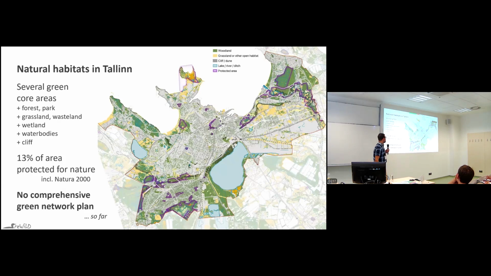Well, in Tallinn we have several green areas, woodlands, grasslands, and a couple of wetlands. We have also two larger lakes, a river, smaller streams, and the cliff and its slope habitats that extend through the city.